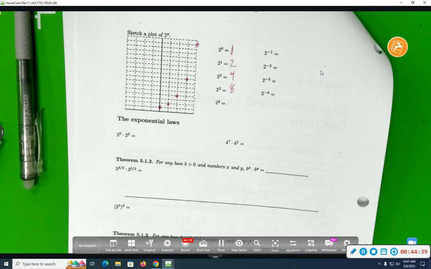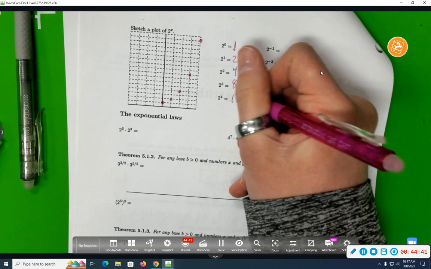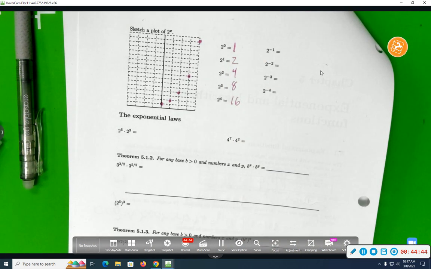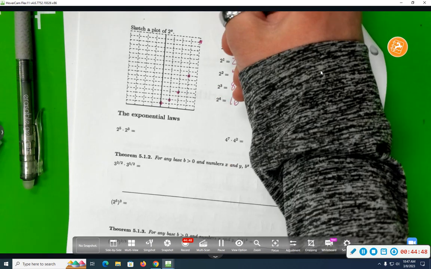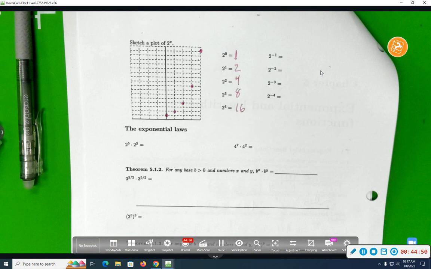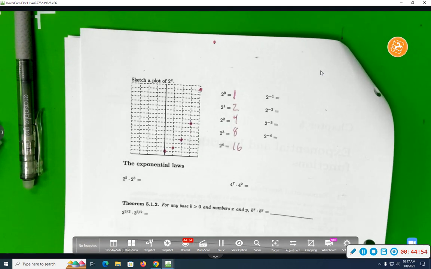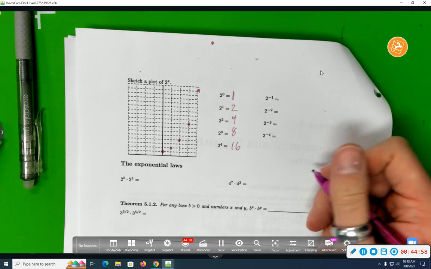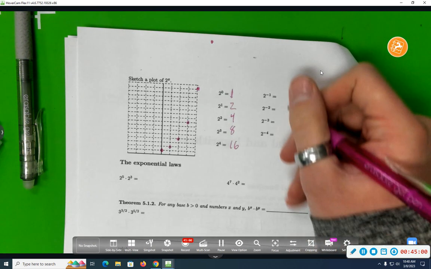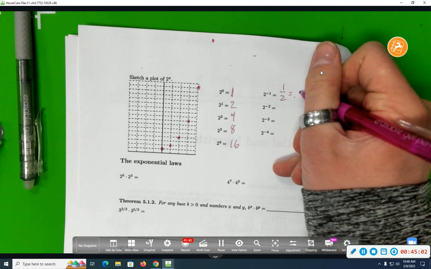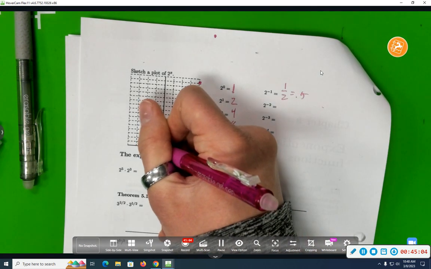So there are some positive powers of 2. Do you think I could fit 2 to the 5th on this graph? It'd probably be like there-ish. So let's stop there going to the right. Let's think about negative powers. What's 2 to the negative 1? 1 over 2, maybe 0.5 if you like decimals.